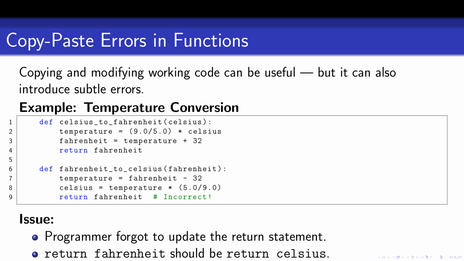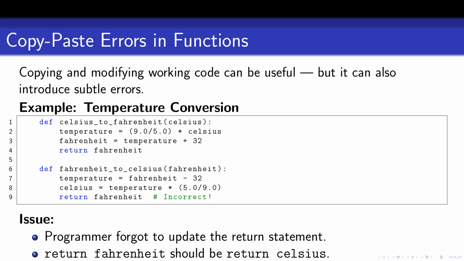A common source of bugs when working with functions involves copy-paste errors. Reusing existing code is a standard practice, but it requires careful attention when making modifications. In the example shown, two functions are defined, one to convert Celsius to Fahrenheit and another to convert Fahrenheit to Celsius. The mistake happens when the second function is duplicated from the first, but the return statement is not updated correctly.